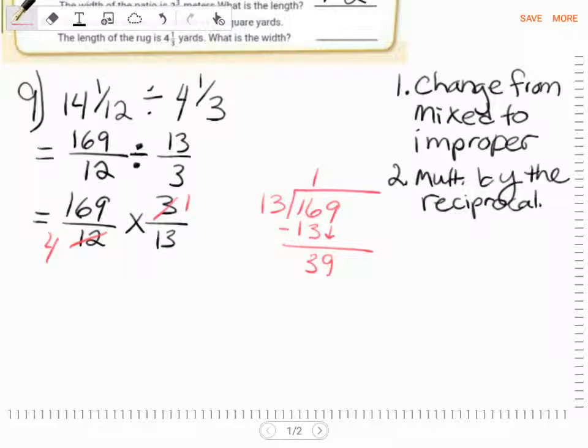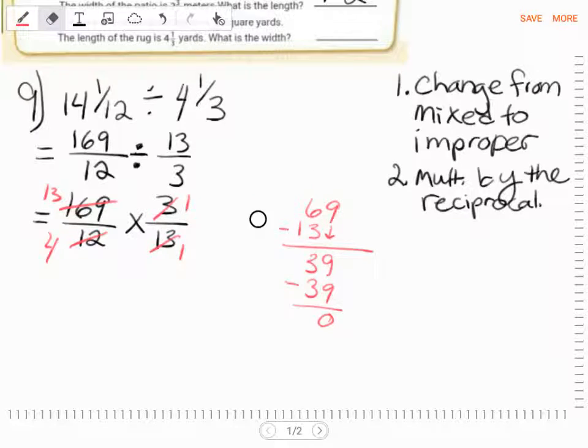Let's see, 13 plus 13 gives you 26. Then if you add another 13, that's going to give you 39. So 3 times 13 gave you 39, and you have 0 left over. So 13 actually goes into 169 13 times. So I'm going to cross this off. 13 is going to go into itself once, and 13 is going to go into 169 13 times.